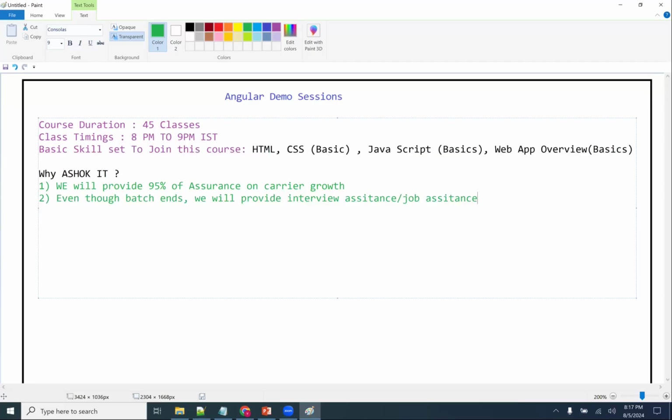Assuming the course ends at the end of September, some of you attend interviews in December, because at year-end a lot of openings will be there, right guys? You attend an interview, and the first interview you cannot crack, right? Maybe they ask you 20 questions and you are able to answer 5 to 6 questions.